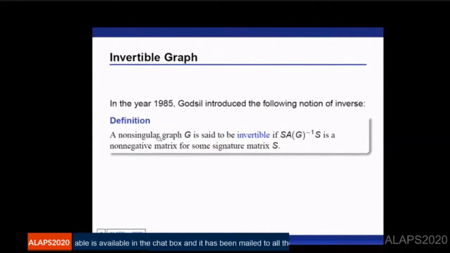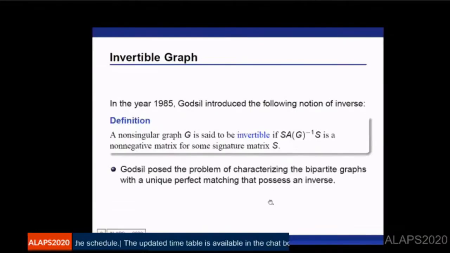That is, a graph G is invertible if the inverse of the adjacency matrix is signature similar to a non-negative matrix, because the adjacency matrix is a non-negative matrix. In view of that, he might have defined it this way. And by defining this, he posed the problem of characterizing the bipartite graphs with unique perfect matching which possess an inverse.